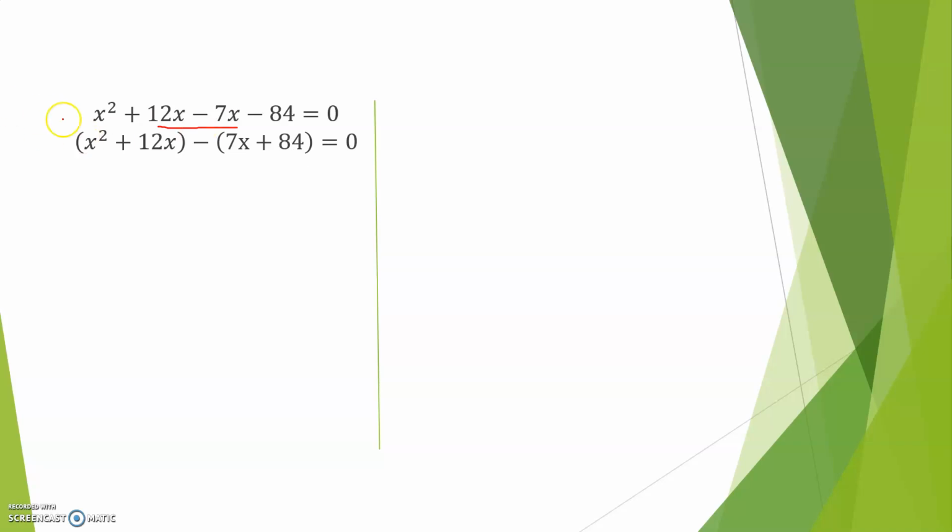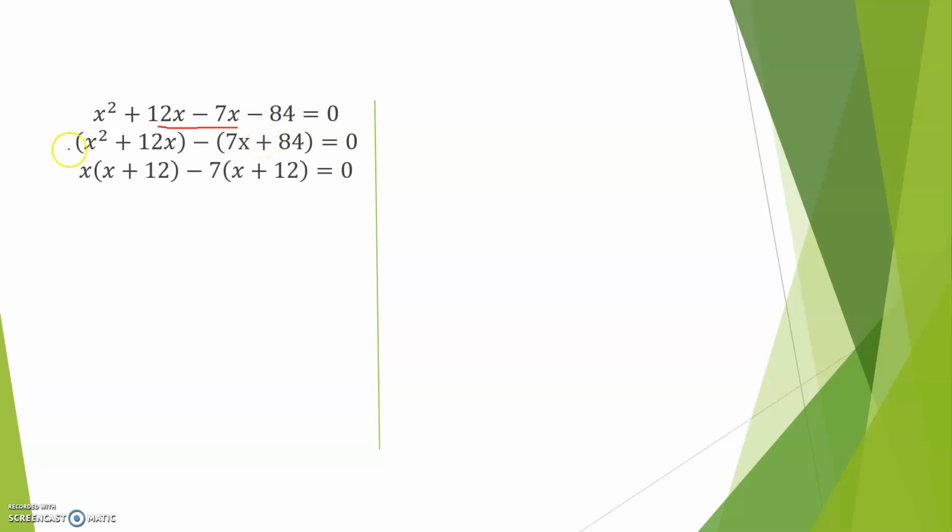Now we will pair the terms as x square plus 12x, minus 7x plus 84, is equal to 0. Here students, you can notice that when we introduce the brackets and there is a minus sign before the brackets, this sign will be changed into plus sign.